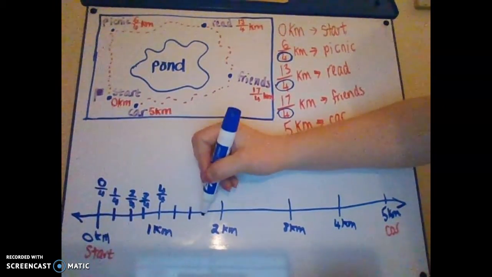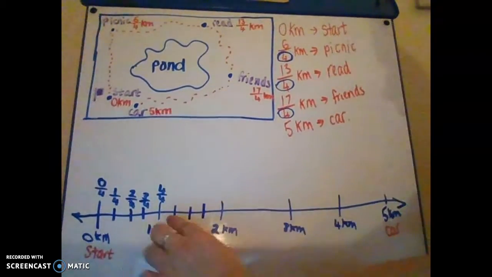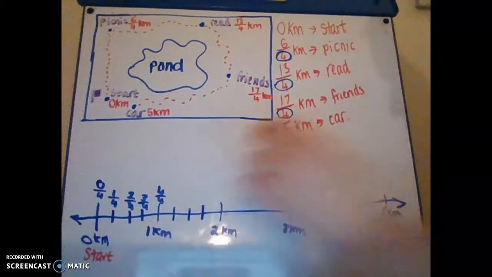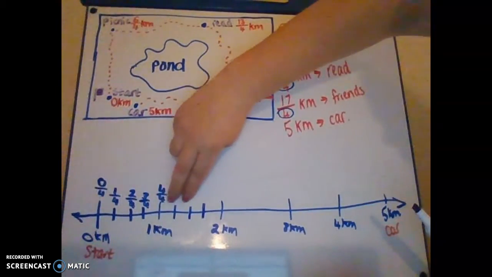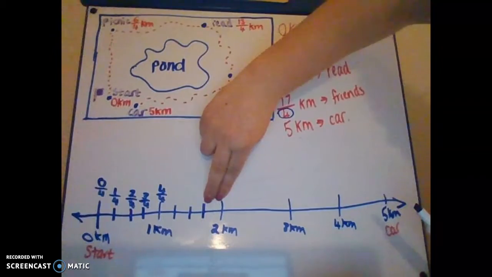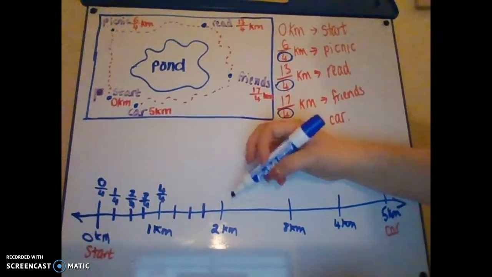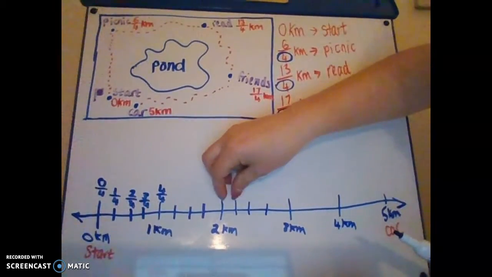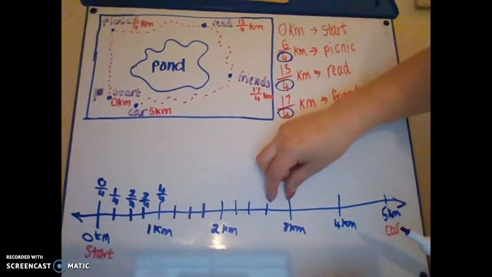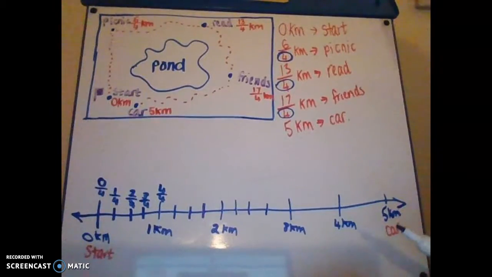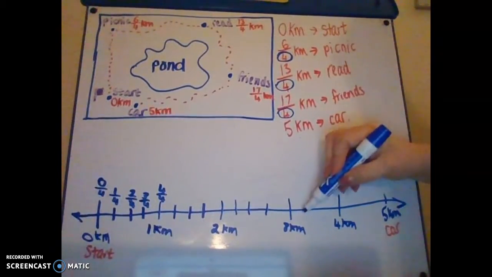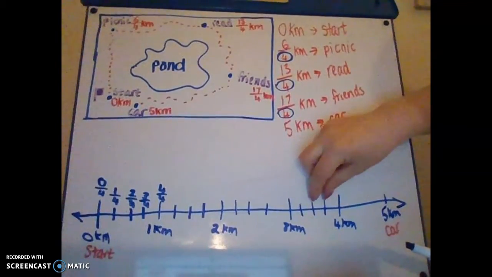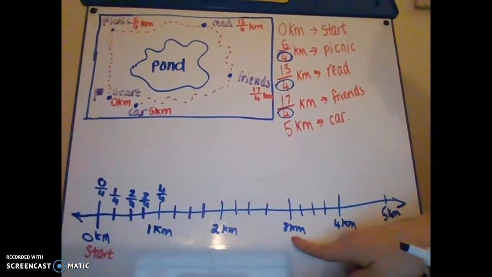1, 2, 3 lines to make 1, 2, 3, 4 equal parts, okay? And again, 1, 2, 3, 4 equal parts because they're in fourths. 1, 2, 3, 4 equal parts from one whole.